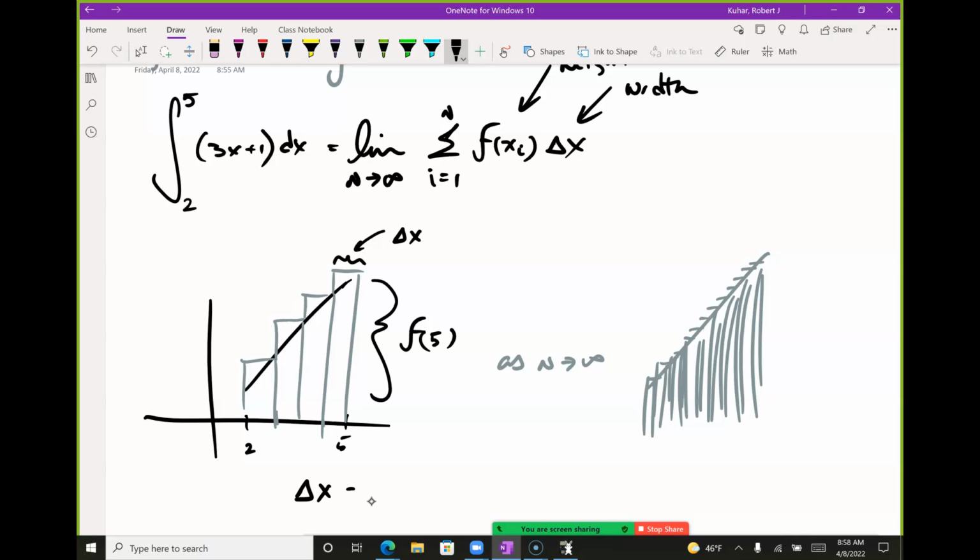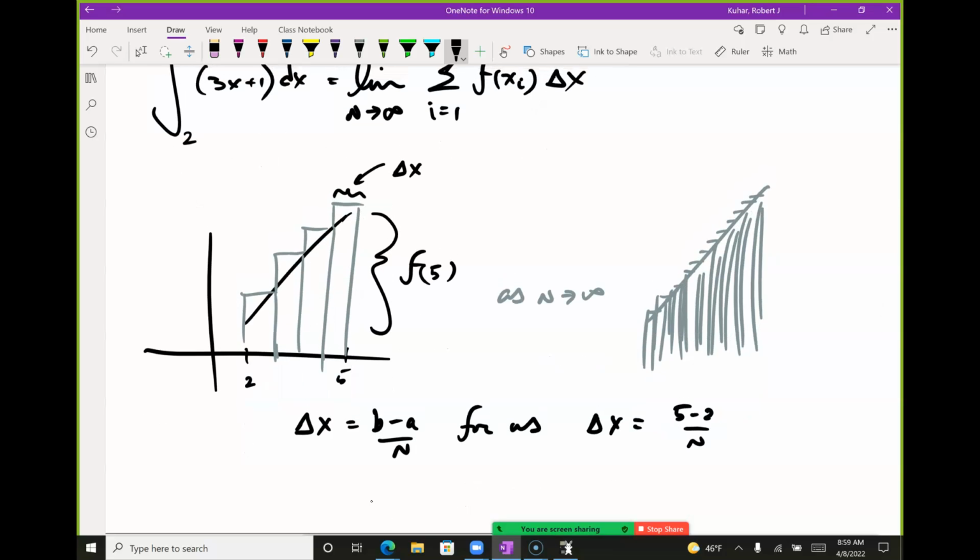Delta x is always going to be b minus a over n. For us, delta x equals 5 minus 2 over n. So I'm going to take that base and cut it into equal pieces, and that's my delta x. So for us, 3 over n.